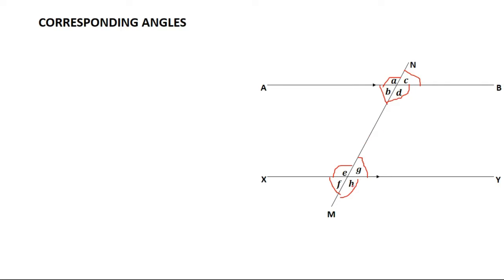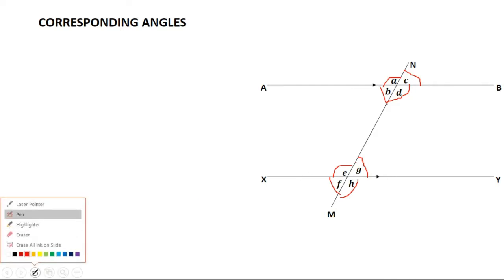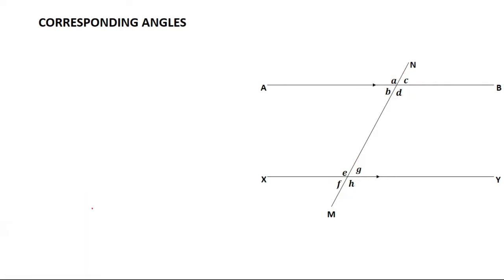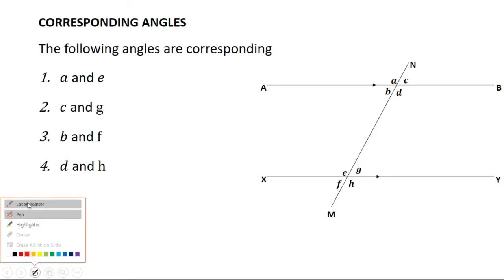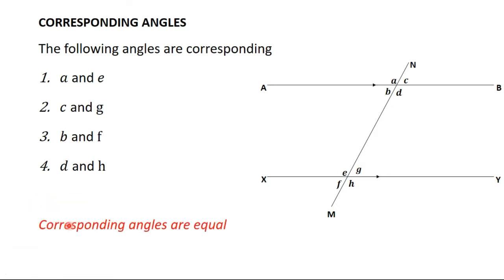Now, what is the property of corresponding angles? I'm going to clean this so that you see it well. So we see that the following angles are corresponding. A and E are corresponding, C and G are corresponding, B and F are corresponding, then D and H are also corresponding. What are the properties? Corresponding angles are equal.